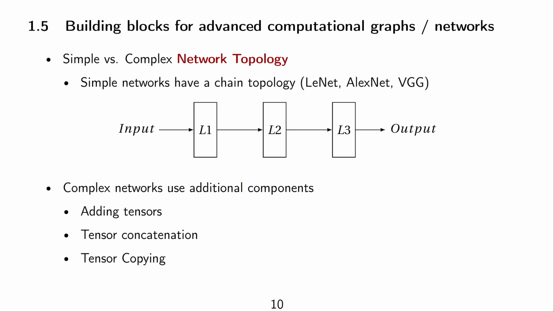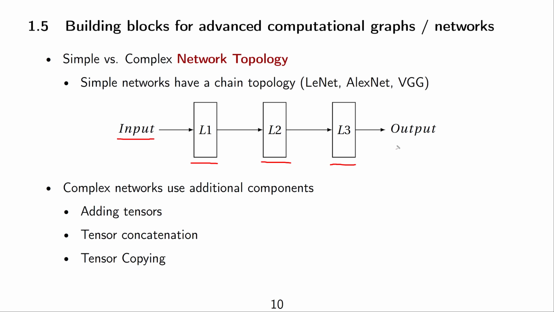In this lecture, we will encounter networks that have simple and some that have more complex network topology. The simple networks have a chain topology. For example, LeNet, AlexNet, and VGG. What that means is that the input will be passed onto a layer L1, and then the output of layer L1 goes to layer L2, the output to layer L3, and then there can be an arbitrary number of layers, but everything is organized in a chain.